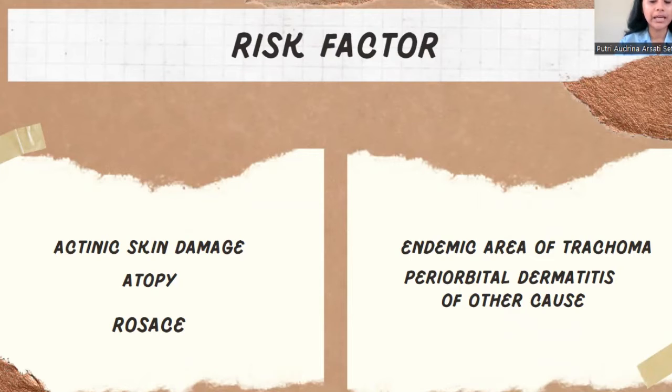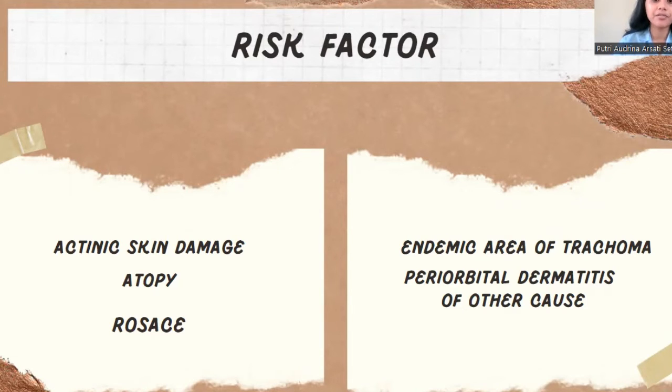Next is atopy. Atopy is mostly related to family history and can also appear when the patient has food or aero allergies. Third is rosacea. Rosacea is a common cause of skin inflammation, including common triggers such as sun exposure, emotional stress, hot weather, etc. Fourth is endemic area of trachoma.